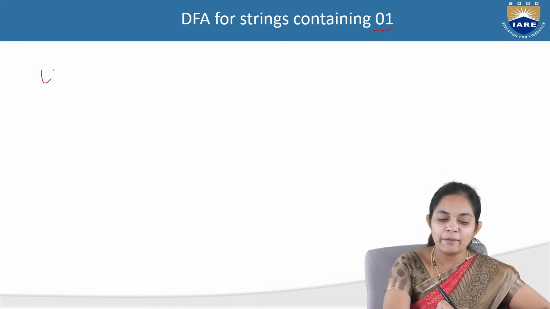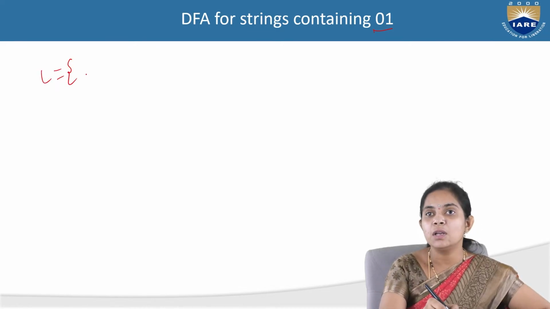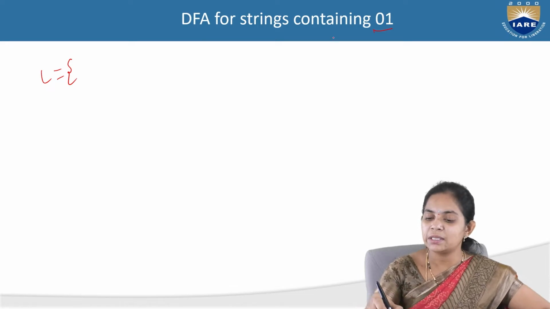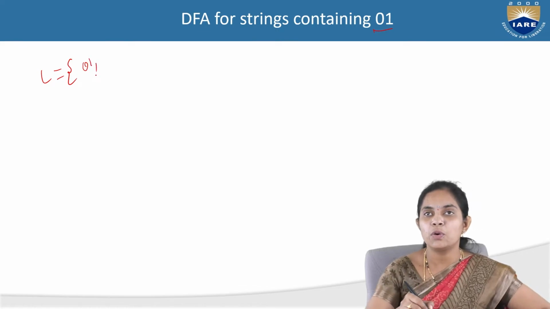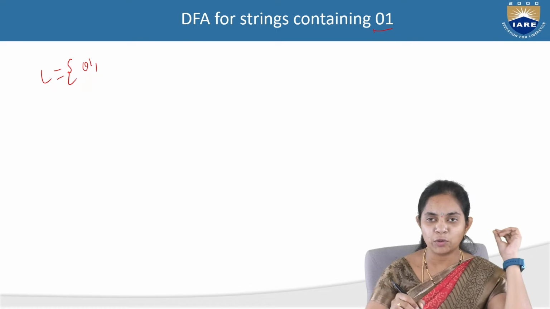So we have to elaborate the language like this: the strings which contain the substring 01. This is the minimal thing, so first we write the substring.